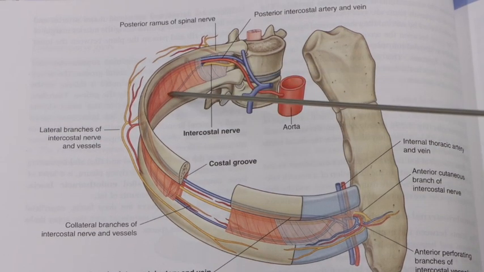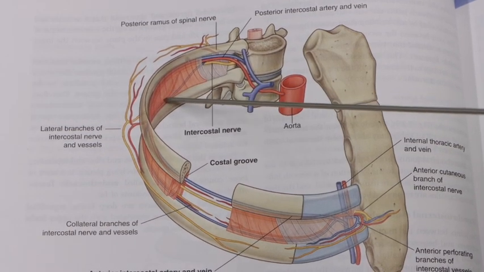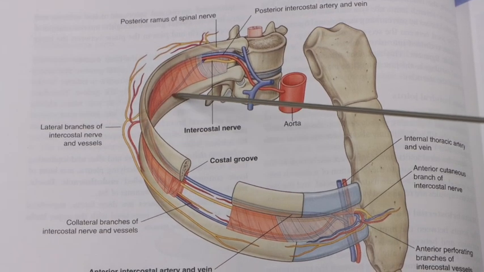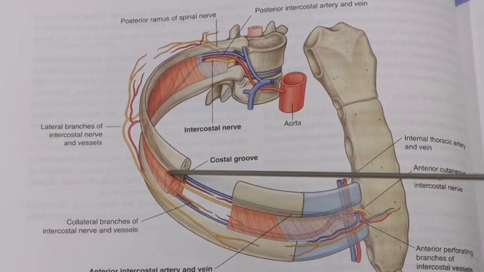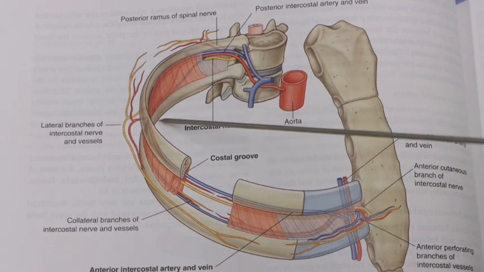This collateral branch also has another name, the supracostal artery, and it goes to the superior surface of the lower rib and continues like this. So here is the collateral branch of the intercostal vessels.